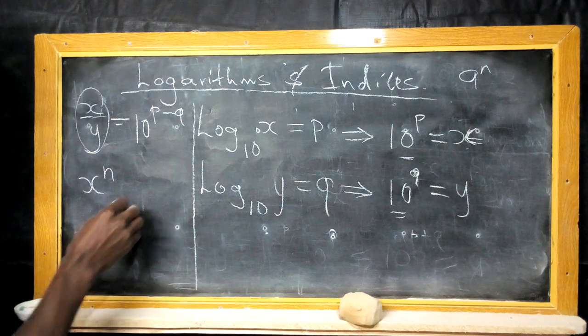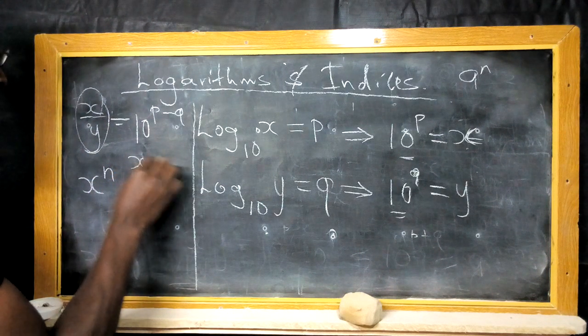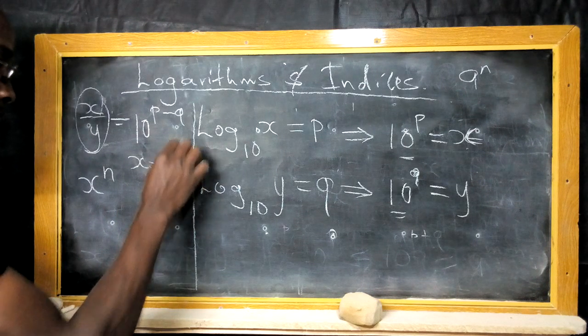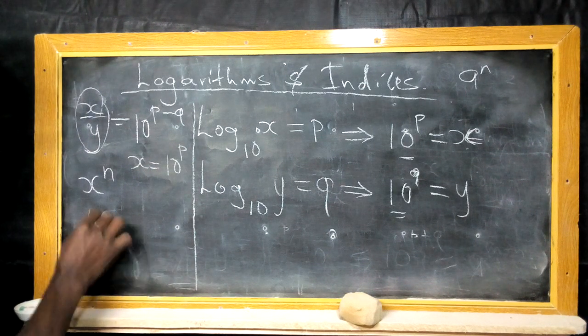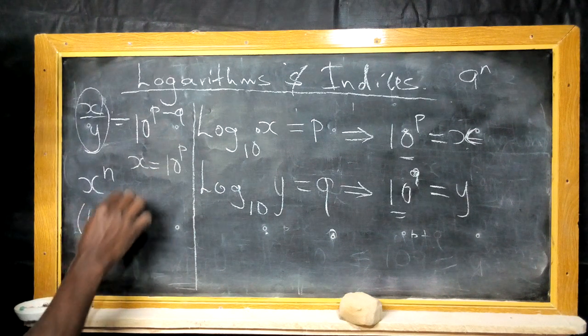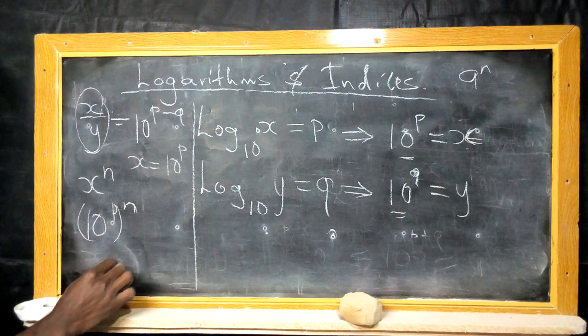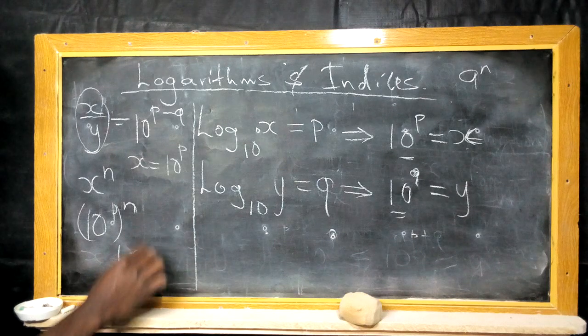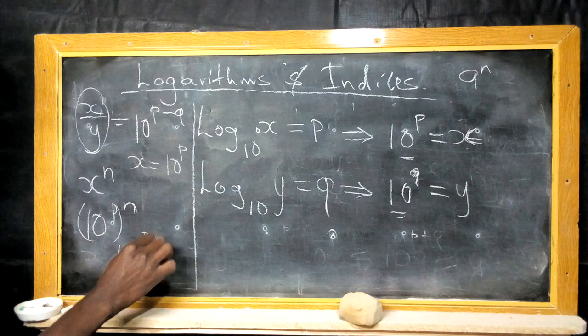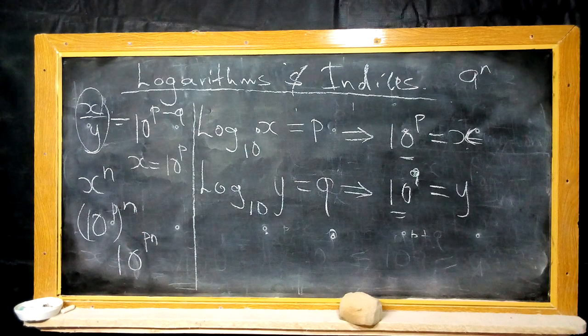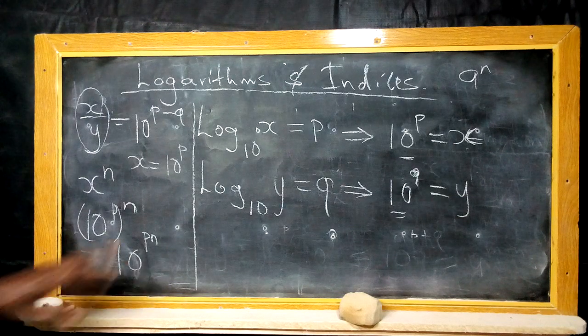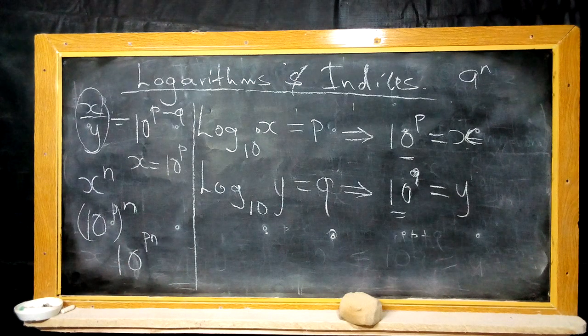Since we know that x represents 10 raised to power p, then it is 10 raised to power p into n. We talked about the powers of powers, so in that case we multiply the powers and get the solution as 10 raised to power pn. So that's how we are going to represent it. That's the relationship between the laws of indices and logarithms.